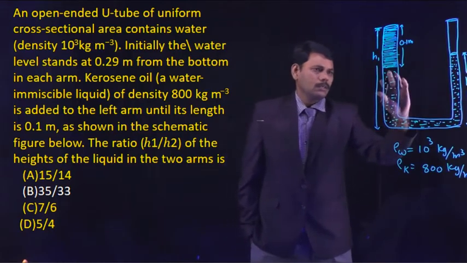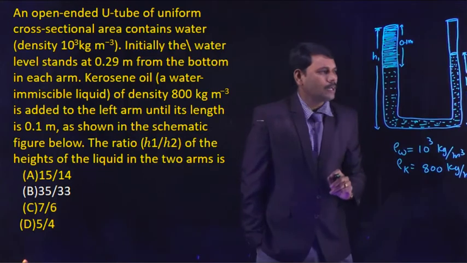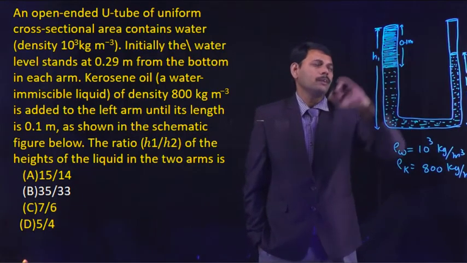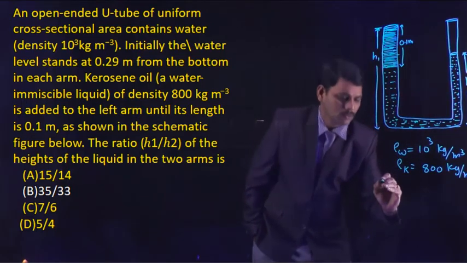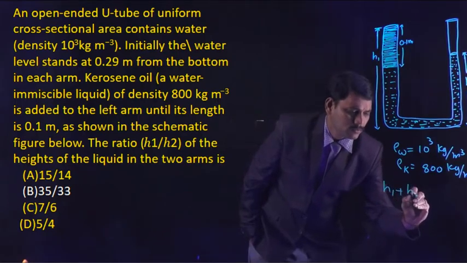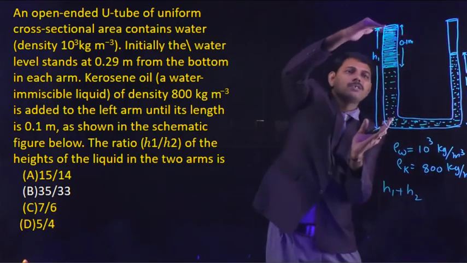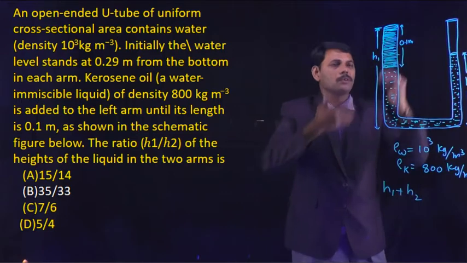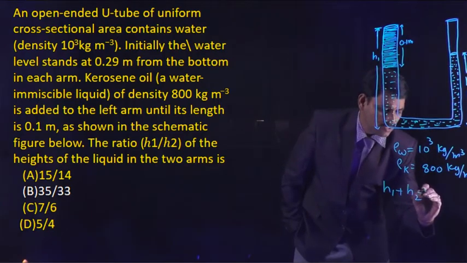Now, the water region is numerically related to H1 and H2. H1 plus H2: H2 is only water, H1 is some part water and the remaining part is kerosene. So subtract the kerosene length part: H1 plus H2 minus 0.1.